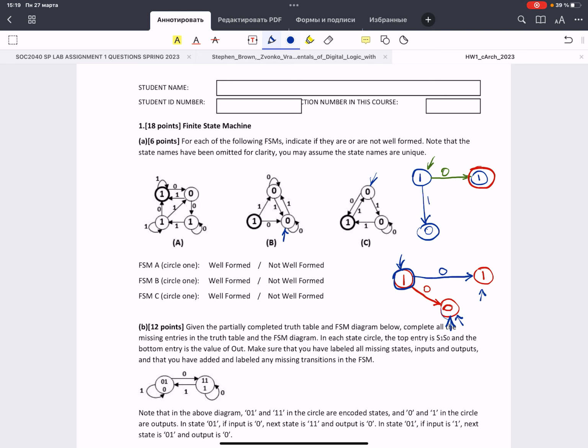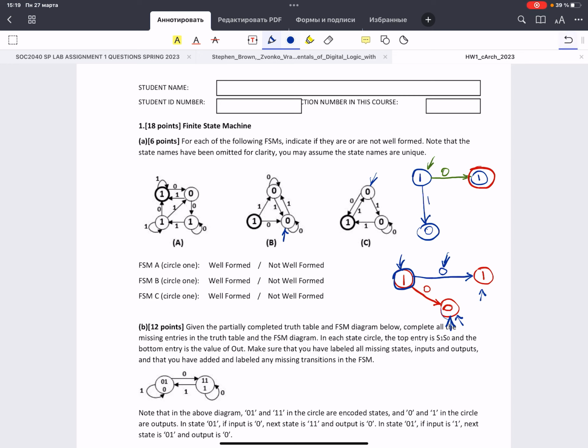We don't know which state comes next. So this breaks the rule. As I told you, the inputs given to one state should have a unique result, a unique next state.